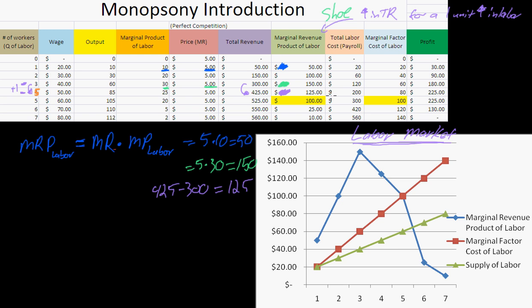And that's actually a valid way to look at it. So our change in total revenue would still be 425 minus 300, but our change in the number of workers would be 5 minus 3, which is 2. So we get 125 over 2.